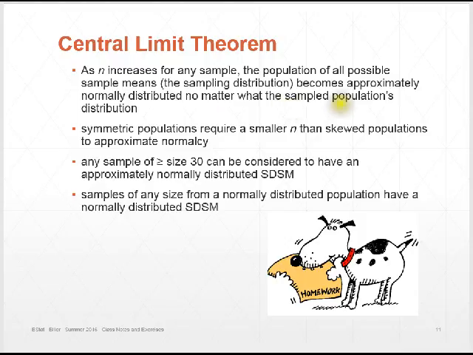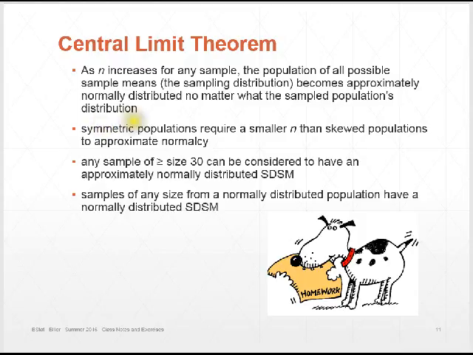So even if no characteristics are known about the population, whether or not it's normal, what the shape of it is, a sufficiently large sample size taken from that unknowingly distributed population will always approximate normality, and thus we can use all of our Z tools on it.